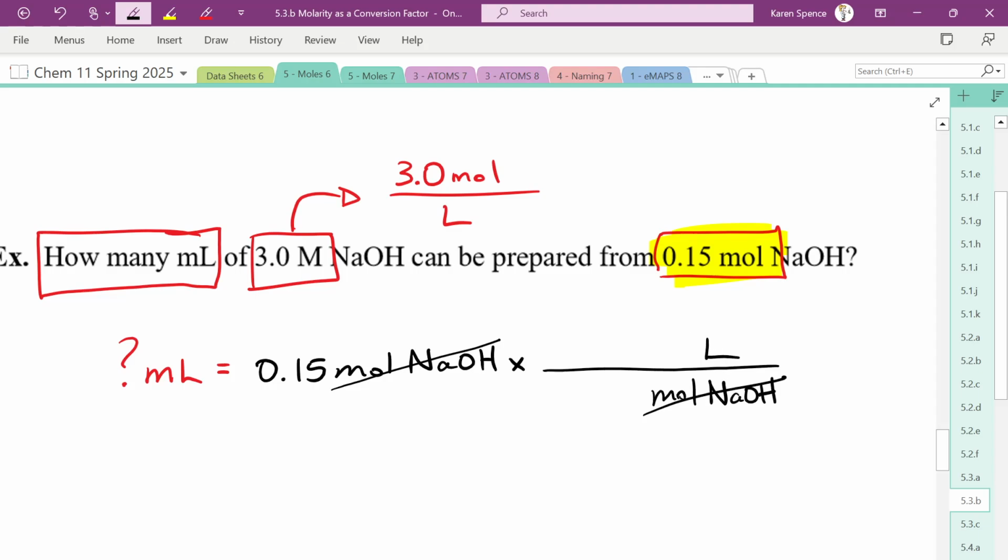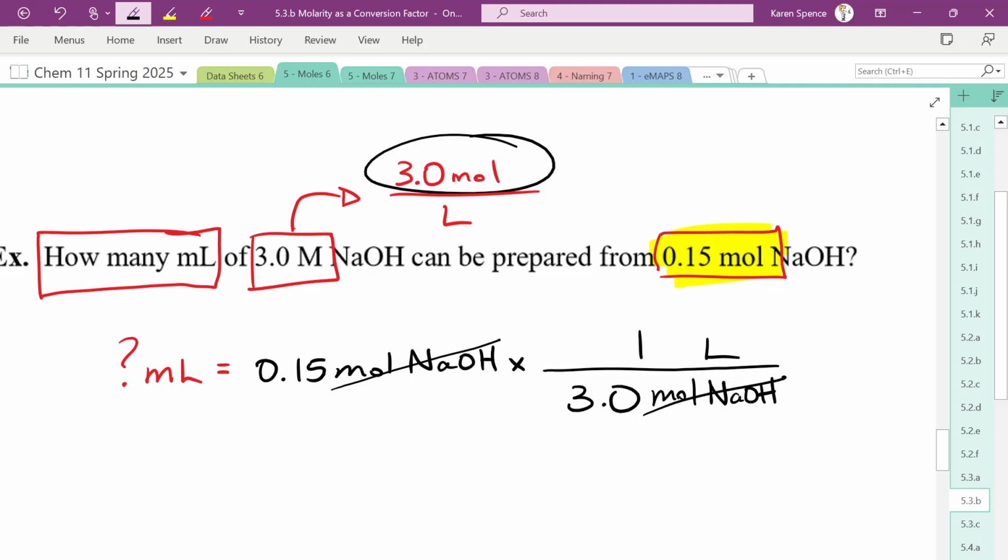So we got liters here. So we have 3 there and a 1 there. No. Are we feeling happy with what I've shown? No, because 3 goes with the mole there, okay? So we've flipped it upside down because we can always flip a conversion factor upside down. 3 moles per 1 liter.